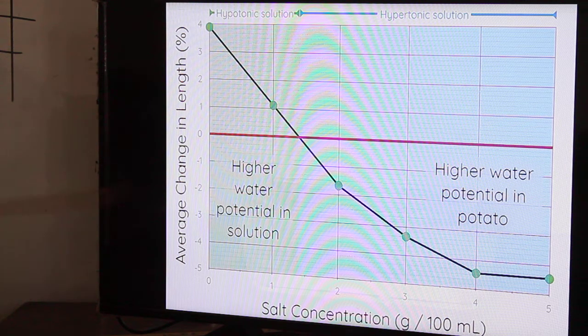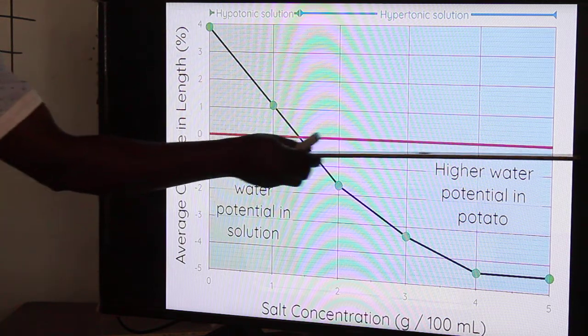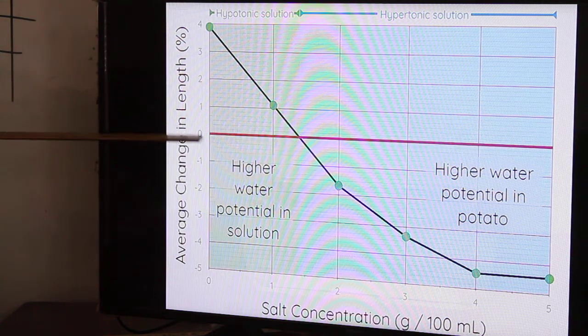Now, take note that here we have 0. This is average change in length. The negative values, down here, show a decrease. The positive values show an increase. 0 means the increase is 0 and the decrease is 0.